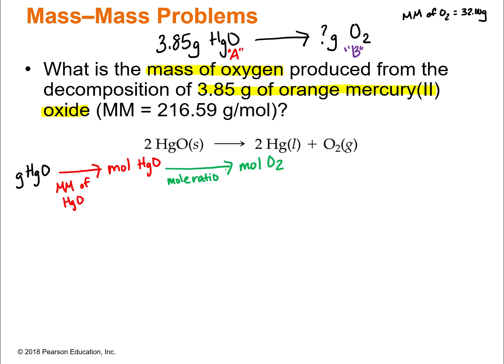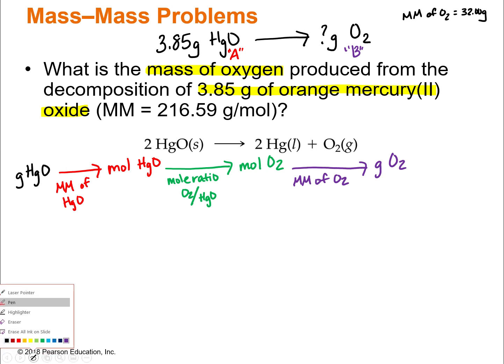And this takes the form of B over A. So that means it's going to be the oxygen over the mercury 2 oxide. We convert the moles of oxygen to grams of oxygen using the molar mass of oxygen. Now let's fill in the numbers.